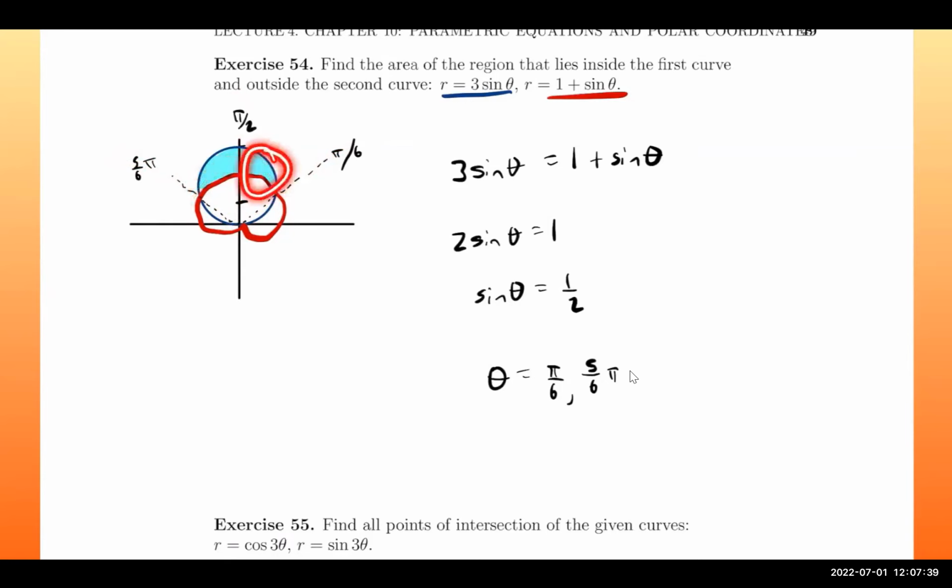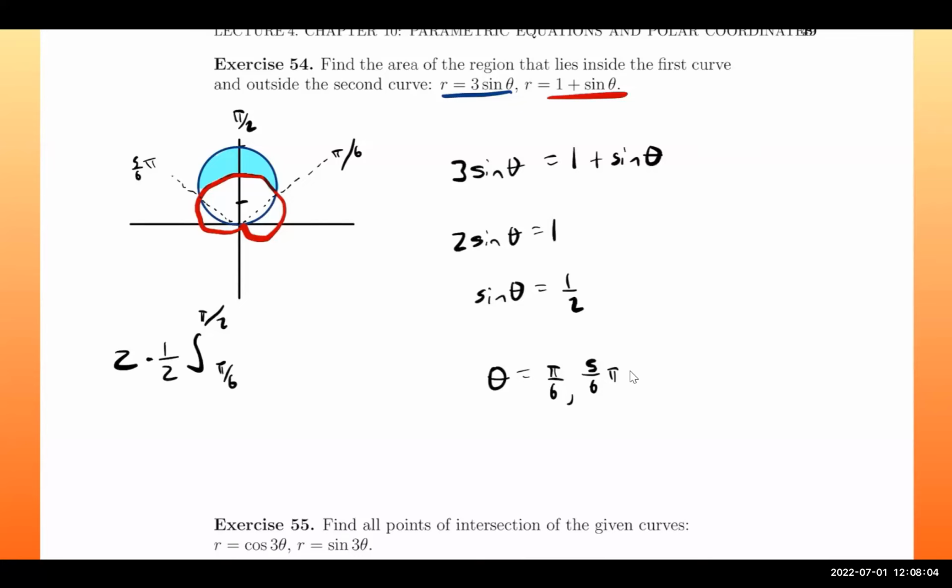So that's what I'm going to do. I'm going to go to pi over 2 instead of going all the way, because this is equal to that, which makes this symmetrical. So I'm going from pi over 6 to pi over 2, and I'm going to multiply by 2 because there's 2 of those. I'm just using symmetry.